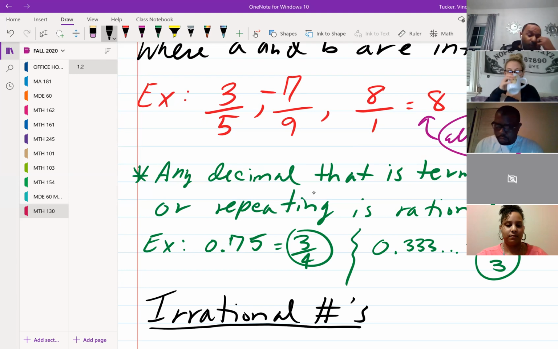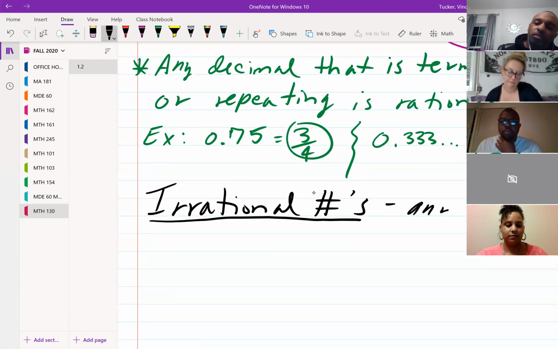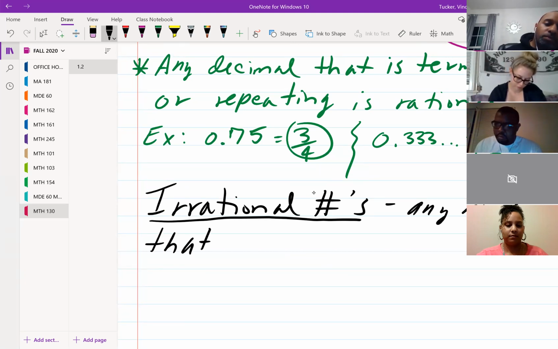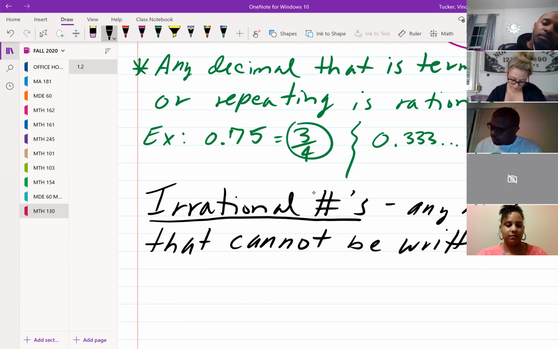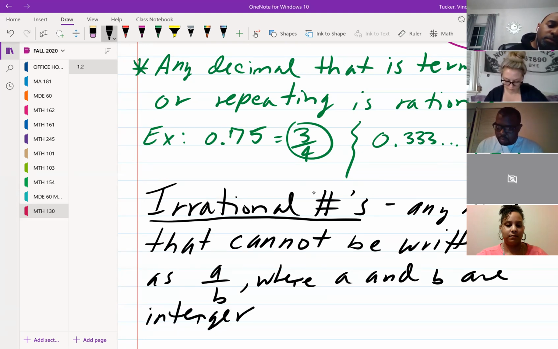All right, questions before we go to irrational numbers? So irrational numbers would just pretty much be anything that's not rational.